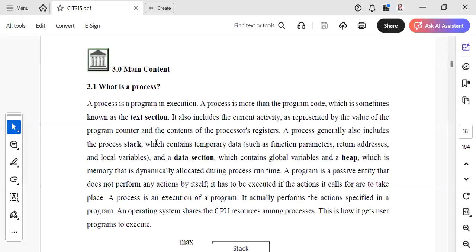Although there is a general meaning here, they said the process generally also includes the process stack. And what is a stack? It contains temporary data such as function parameters, return addresses, and local variables, and a data section, which contains global variables, and a heap. And what does the heap contain? A heap is memory that is dynamically allocated during the process time.